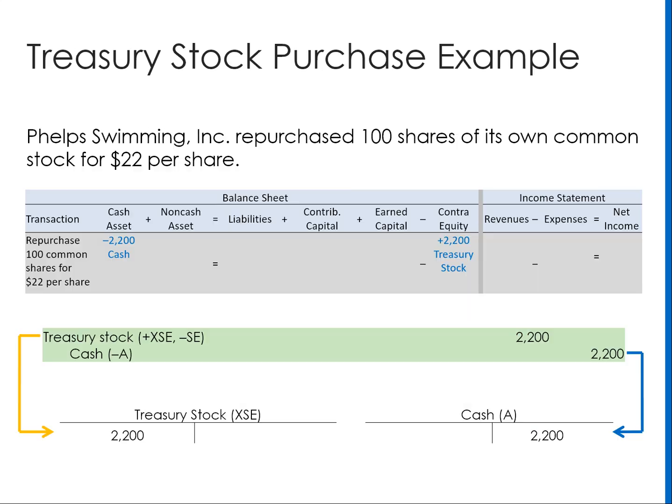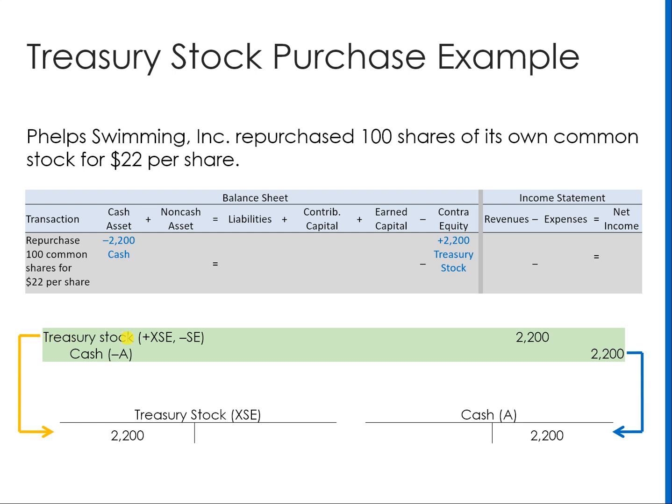Let's take a look at the journal entries. The company repurchased 100 shares of its own common stock at $22 per share. So we credit cash, 100 multiplied by 22, or $2,200. And what we debit is treasury stock.